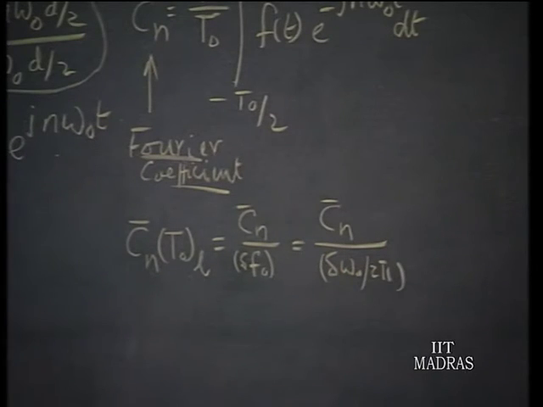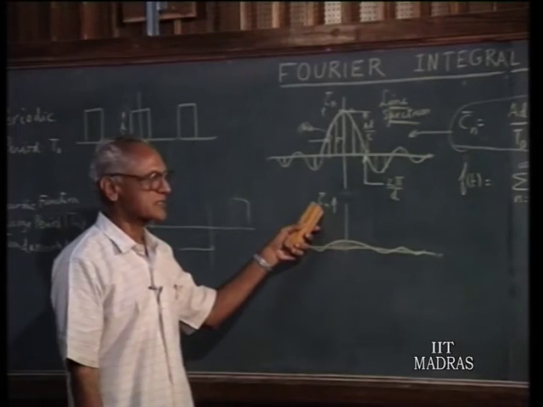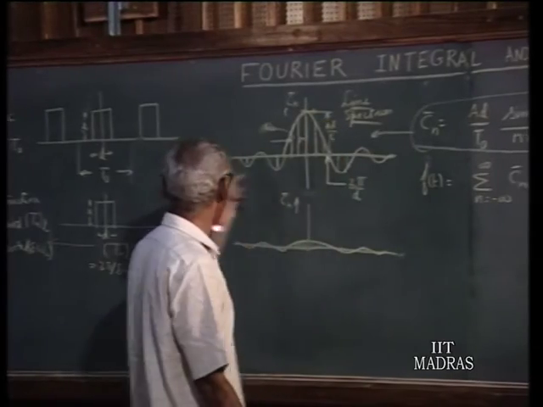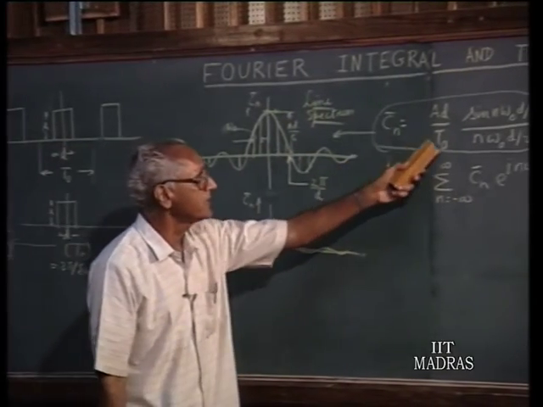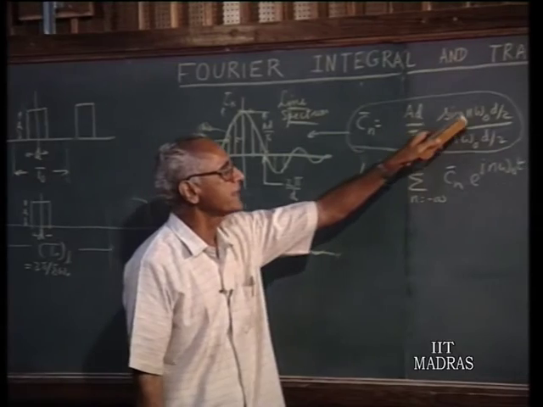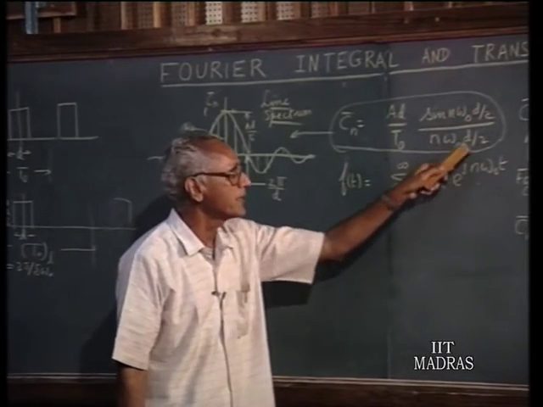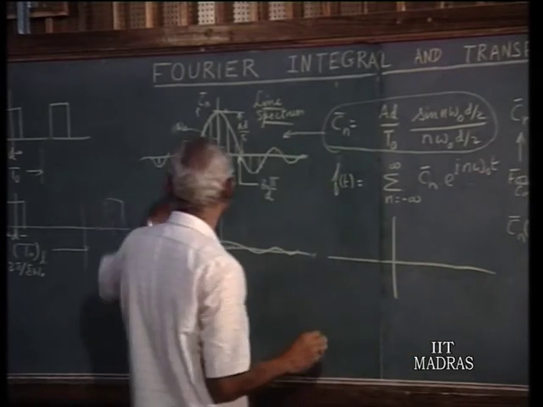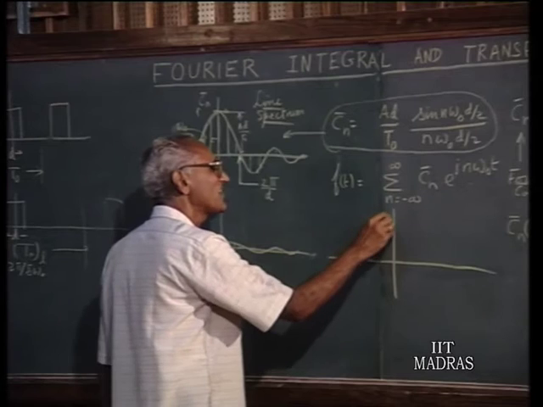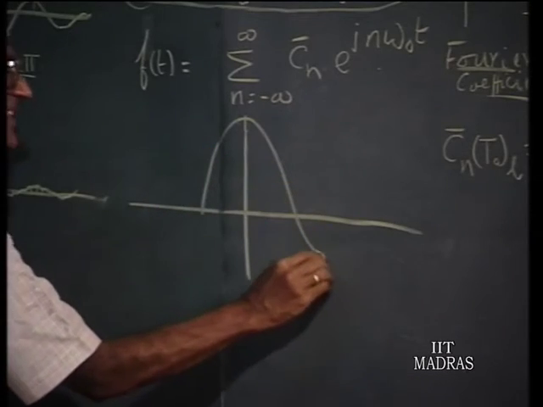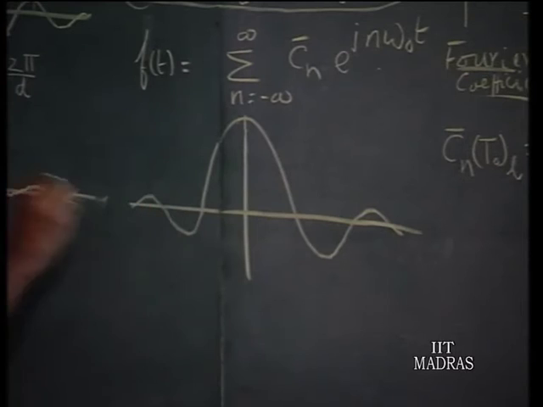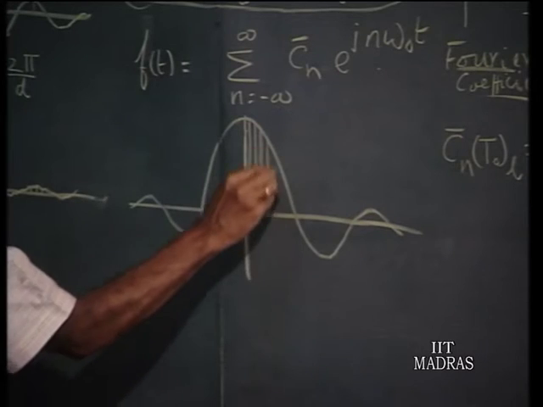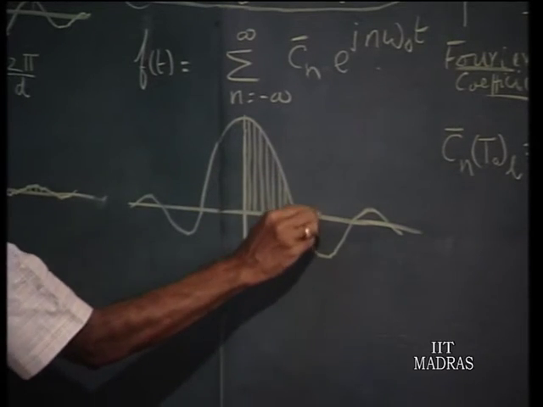So, if you plot this quantity, you are going to multiply this C n by T naught. As far as this particular waveform is concerned, you are multiplying C n with T naught, then you are going to plot A d sin n omega naught d by 2 upon n omega naught d upon 2. Therefore, the spectrum will now be restored to its original size. So, what you are plotting now will have this envelope which is exactly the same as this, but the lines will come closer and closer.